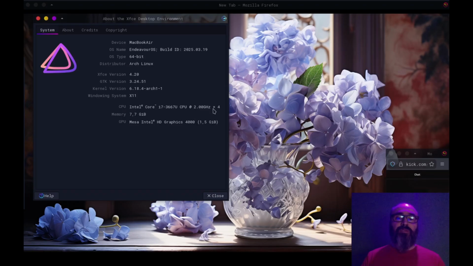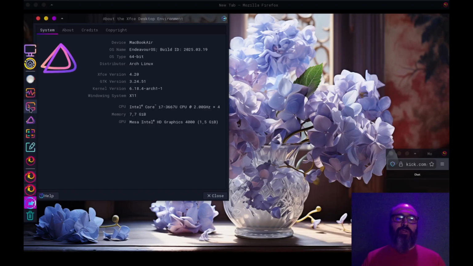Basically, this times 4 means that the system has 2 core processors and it's hyper-threading enabled, so basically it has 2 threads per core. I think it was the top of the line of this particular model of CPUs.